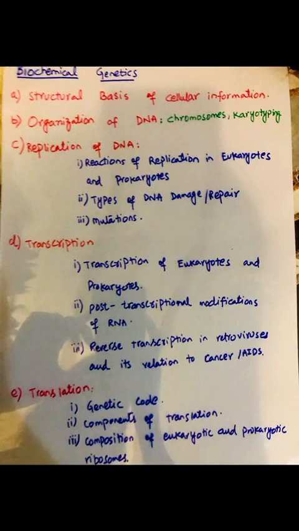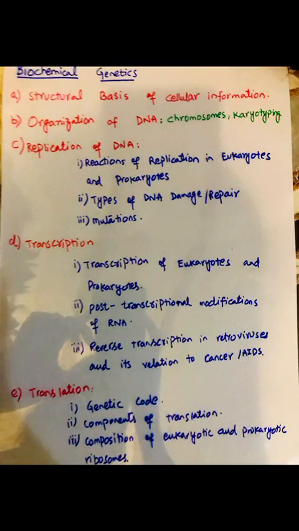So, in the first phase, we will see A, B, and C parts. A part will contain DNA and RNA, and the B part is the organization of this DNA. Whenever a large content of DNA has to be arranged in the little space of the nucleus, it is going to be arranged or organized in the form of chromosomes. So these chromosomes are of different types, having different classes.